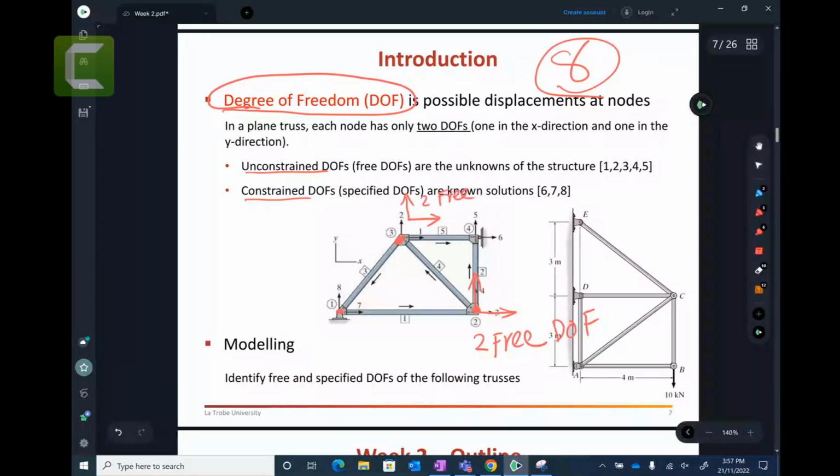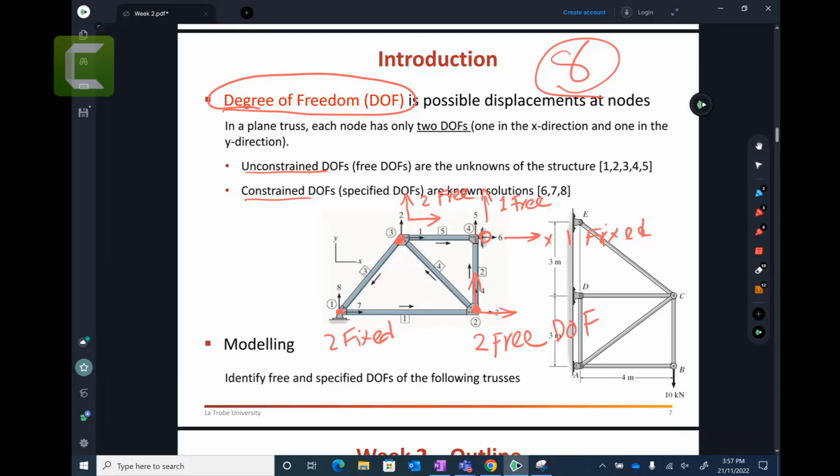If you come back here, this point is pinned. It cannot go left to right, and it cannot go up and down. So there are 2 fixed degrees of freedom. Do you follow? This is a roller. The roller cannot prevent this direction, but this point cannot go in this direction. So there is 1 fixed degree of freedom and 1 free degree of freedom here for the roller.